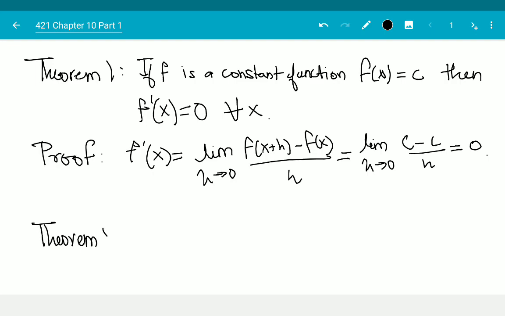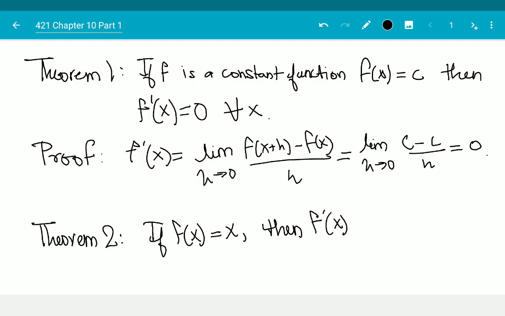Theorem 2. If f is the identity function, which is if f of x is equal to x, then f prime of x is equal to 1. Proof.